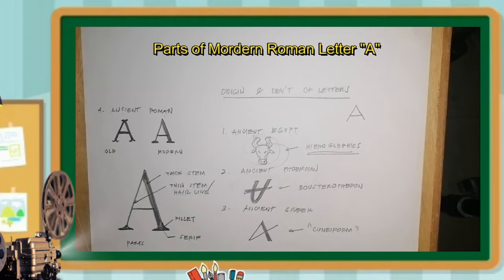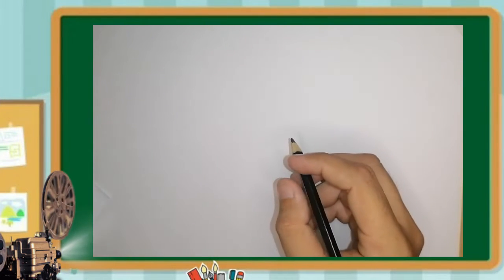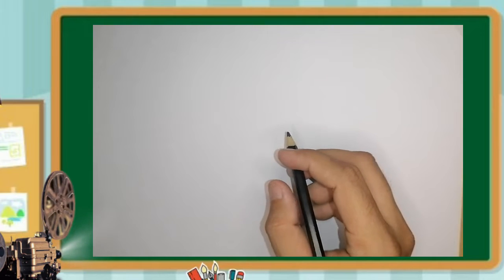Okay, so that's it for our origin and development of letters. For the next topic, we will discuss naman the guidelines in lettering. Right, so for guidelines in lettering, tulad nga nasabi ko sa inyo dati, a good craftsman never letters without guidelines. So it is very important for us to make use of the guidelines sa paggagawa ng mga letters.